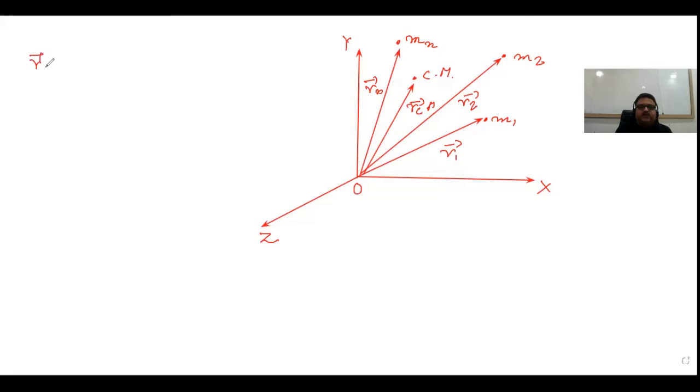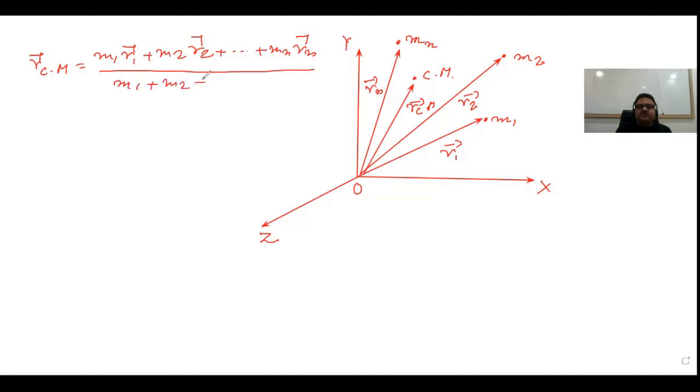The position of the center of mass can be found by using this formula: (m1r1 + m2r2 + ... + mnrn) divided by the sum of the masses, that is m1 + m2 + m3 + ... + mn.